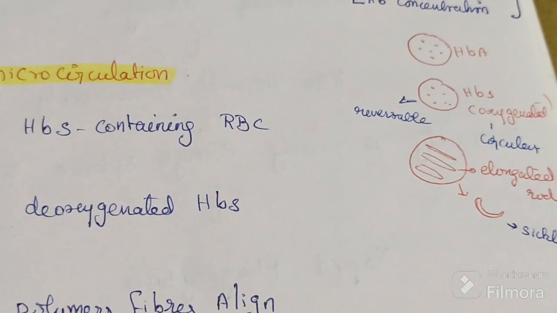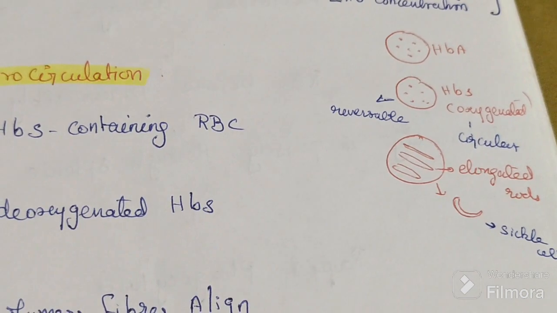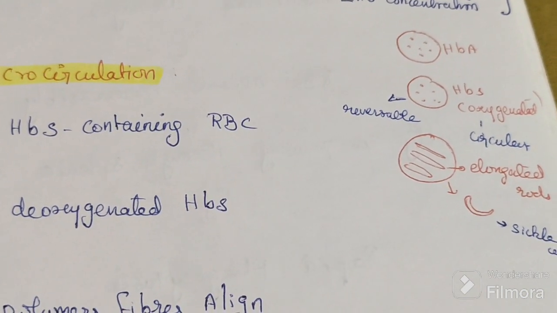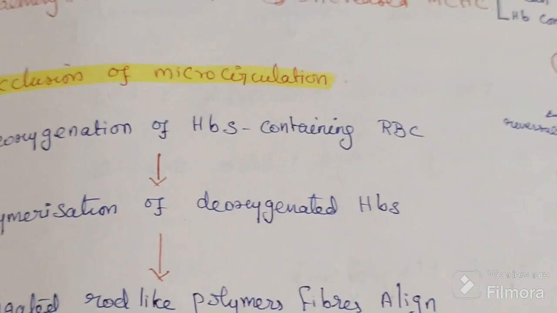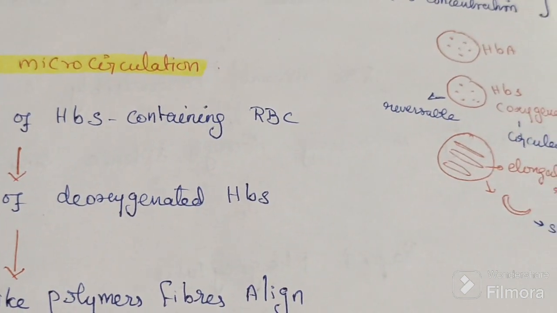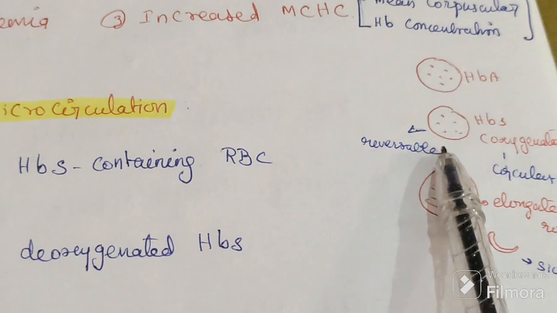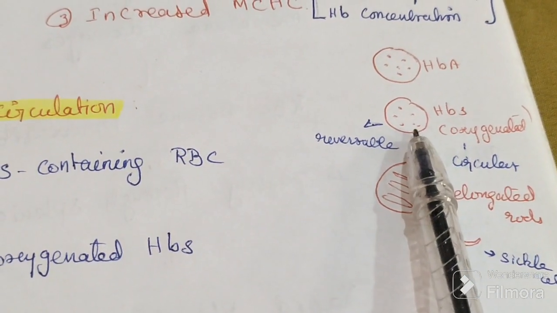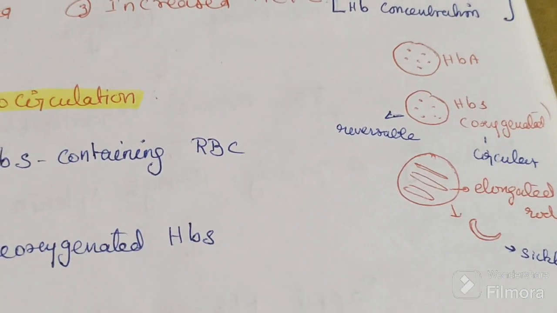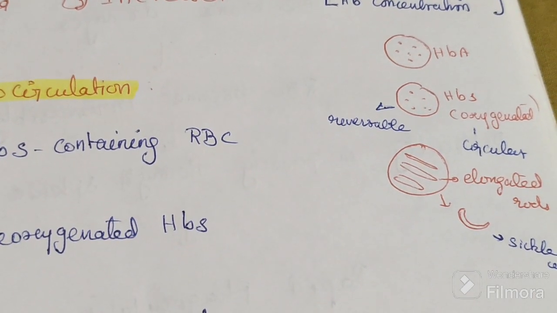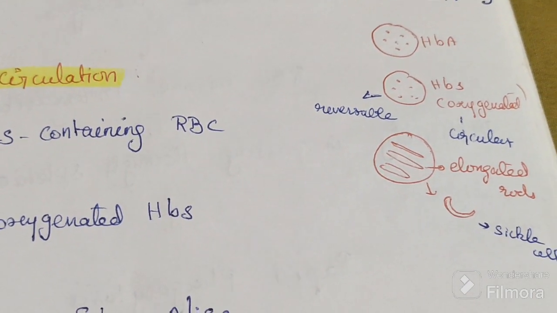The shape is changing. The sickle shaped RBC, the sickling, takes place only when that hemoglobin is deoxygenated. During the oxygenated state, this one is normal. When it becomes deoxygenated, only at that time it is converted into sickling.